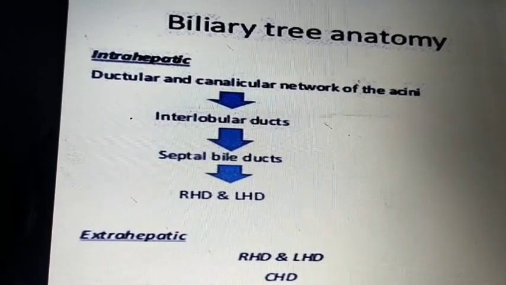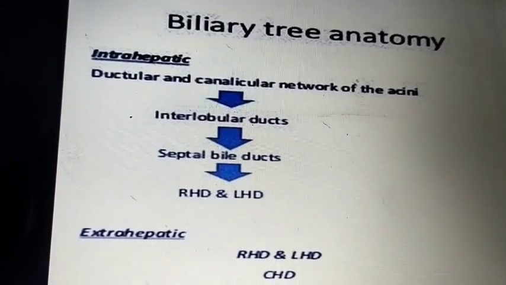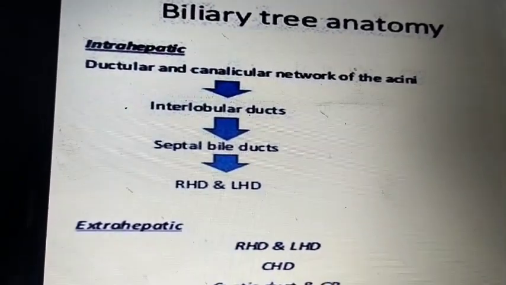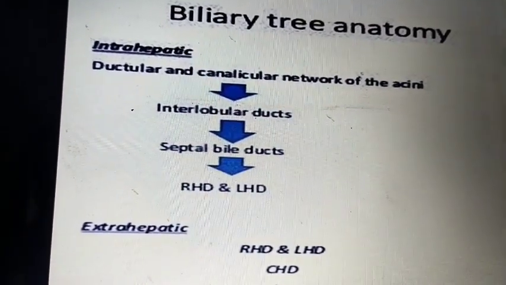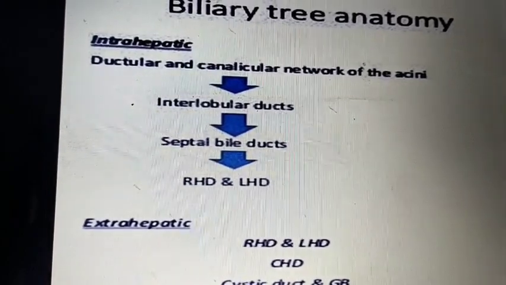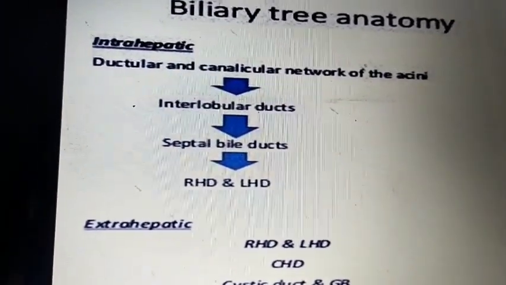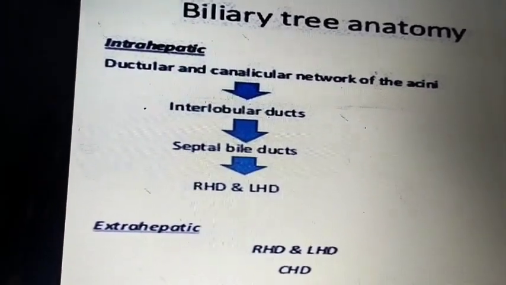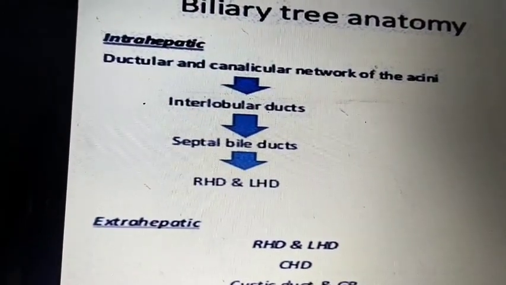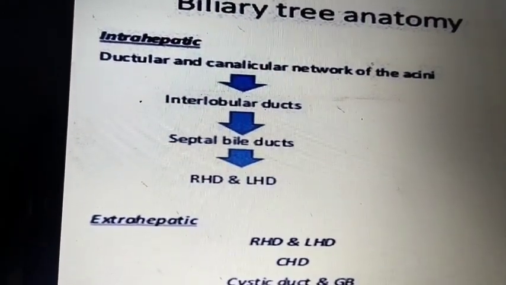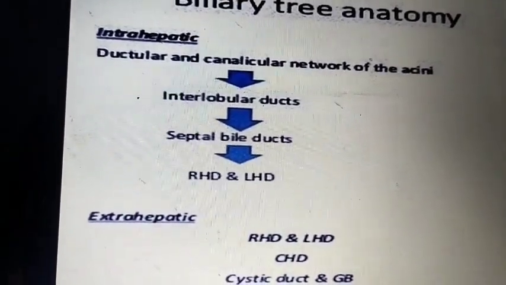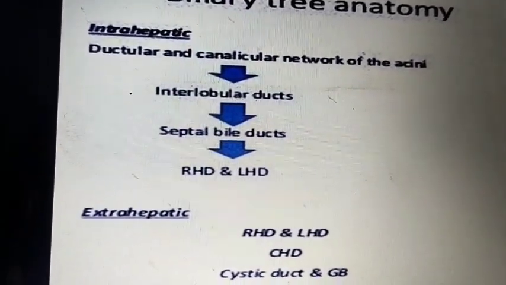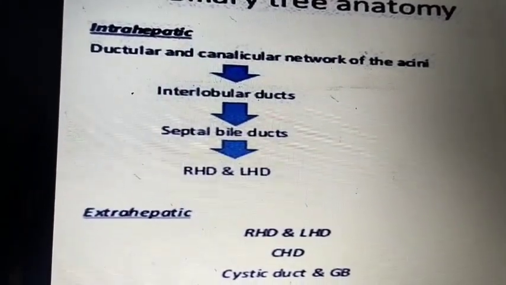Okay, cells that resemble a many-lobed berry, or you can say strawberry-like. It looks like a berry such as a raspberry. Okay, and those acini cells form the canaliculi and ductular tubes, and those ductular tubes and canalicular tubes join to form the intralobular ducts.